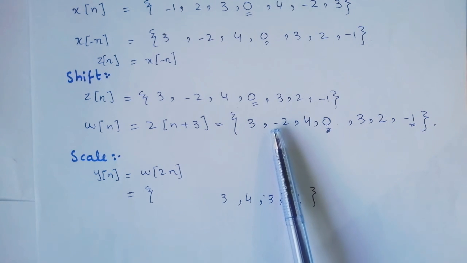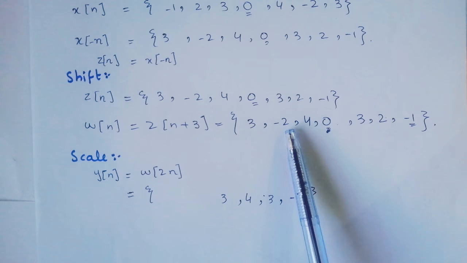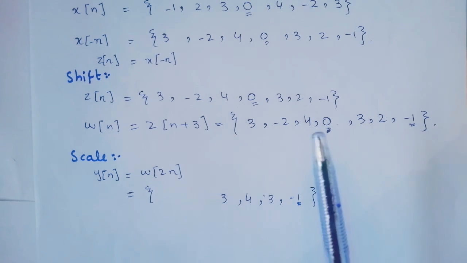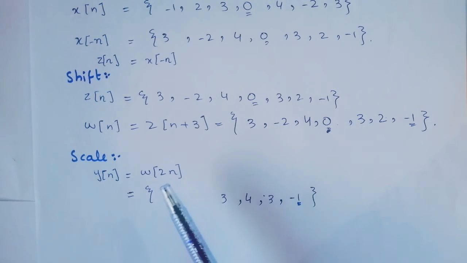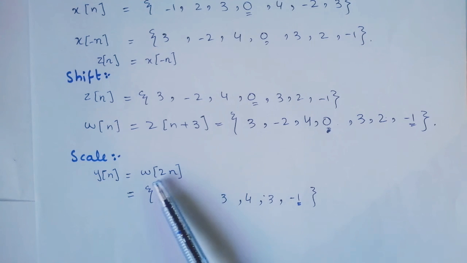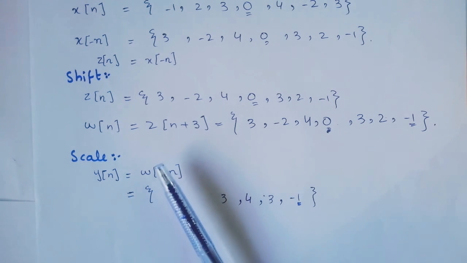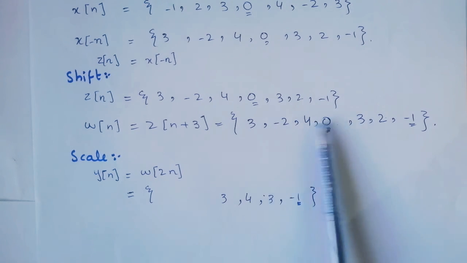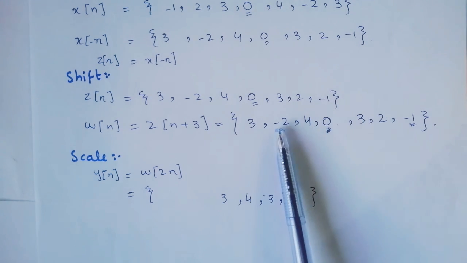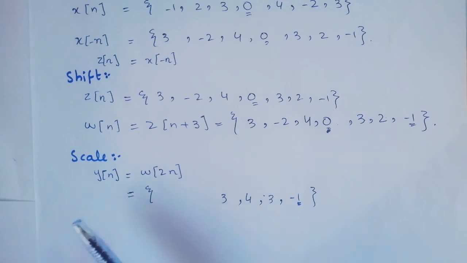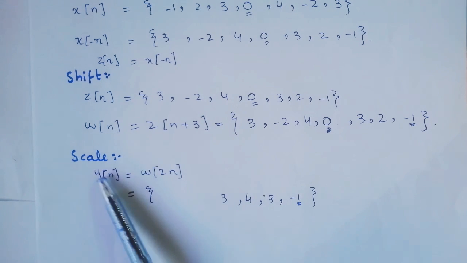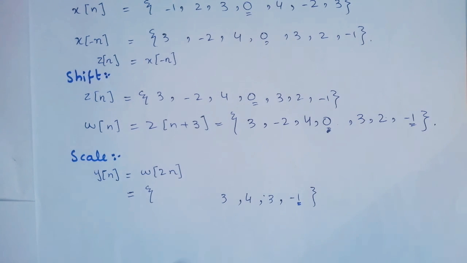They won't be here anymore because odd values, when you multiply with 2, become even index. So even index in this shifted signal will be the output of the scaled signal. That's how we did this example.